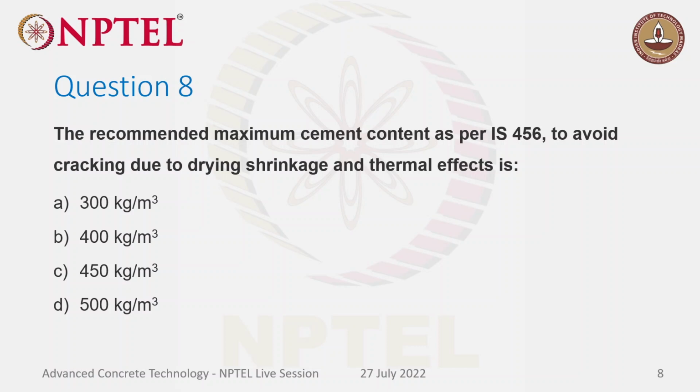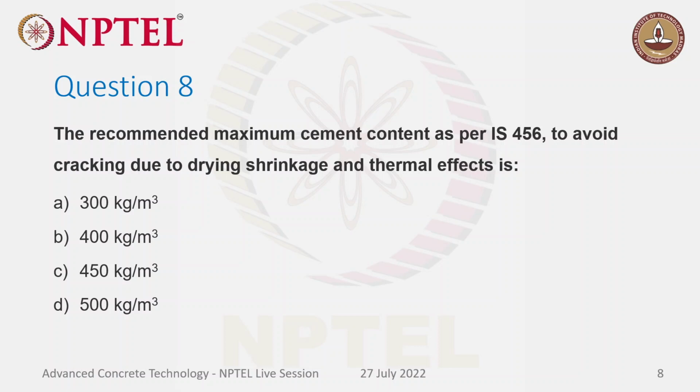Let me move to question 8. The recommended maximum cement content as per IS 456 to avoid cracking due to drying shrinkage and thermal effects. Here they are asking what could be the maximum cement content, which excludes slag and fly ash, so we can exclude the pozzolanic material.